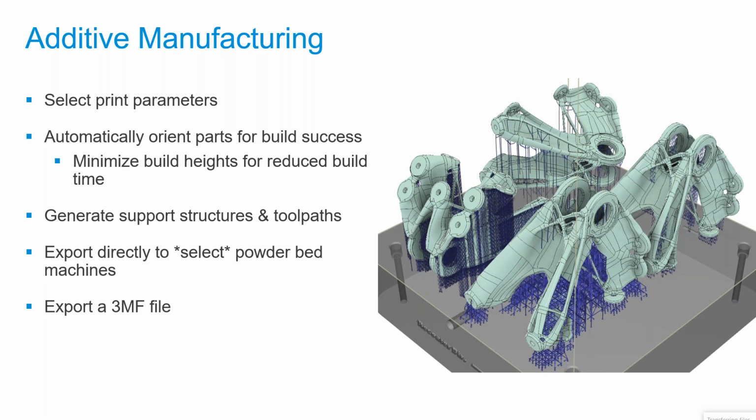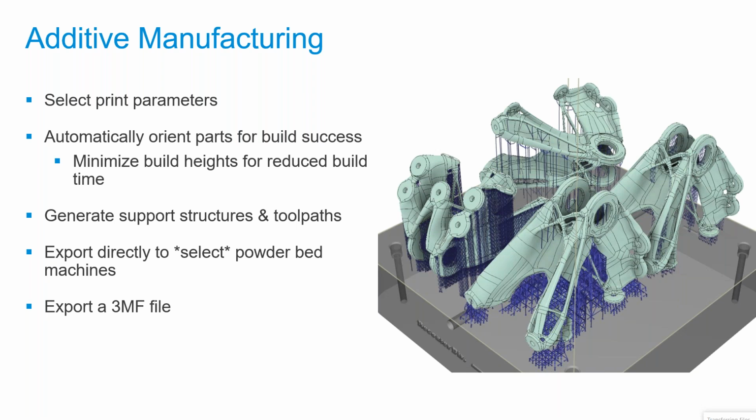This is the additive part. So Fusion extension also has additive manufacturing. So far we have been covering only the subtractive side. Fusion extension also has the additive side of it, where we can build the materials.